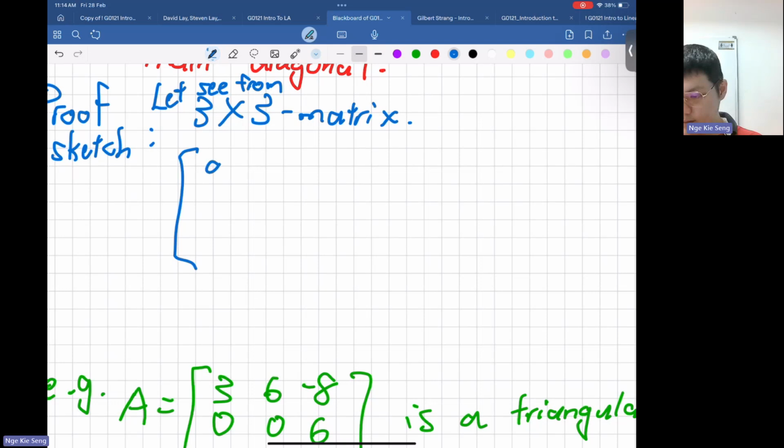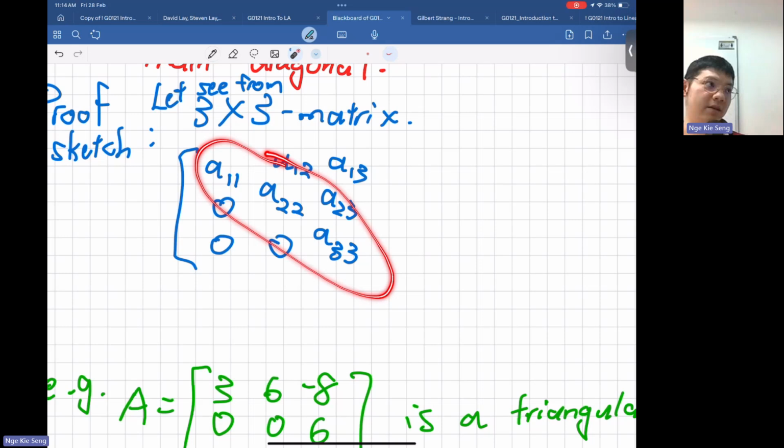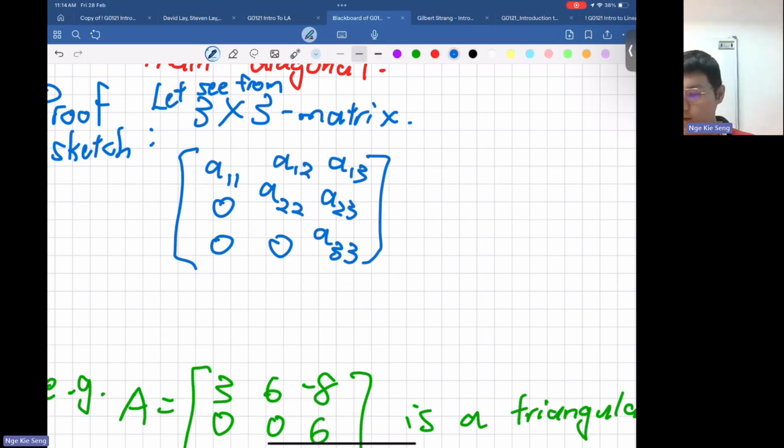Let's do upper triangular; lower triangular is the same. Upper or lower triangular means where all the zeros are. Let's say all the zeros lie below first. The claim is these main diagonal terms are the eigenvalues.